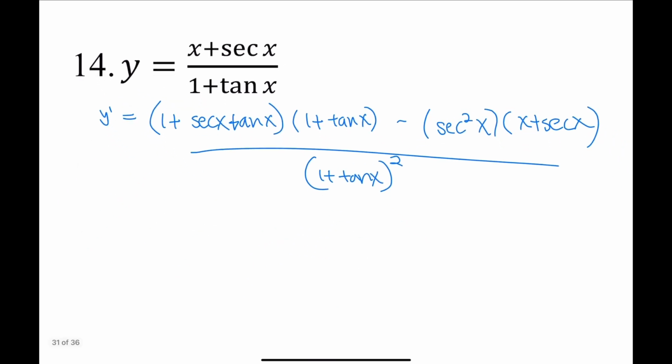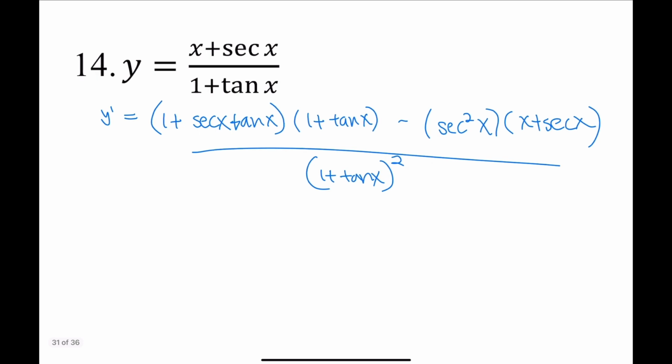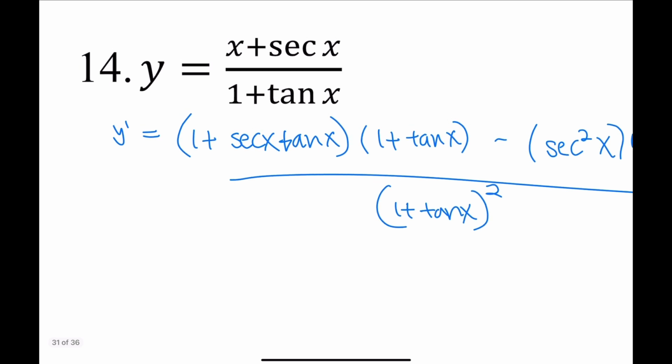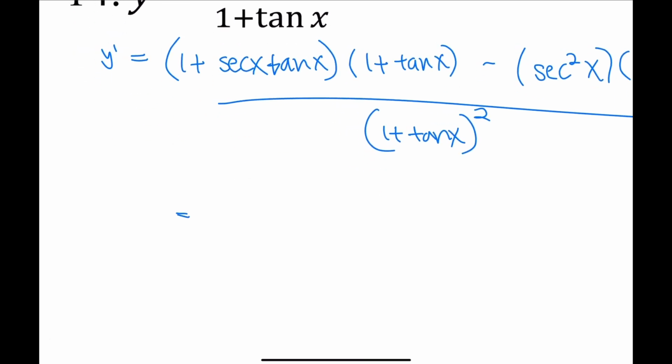Okay, for this one, I would say it's a little bit more complex because you're multiplying 2 terms by 2 terms. If you want to distribute this, we can. But if you don't want to, it's fine.